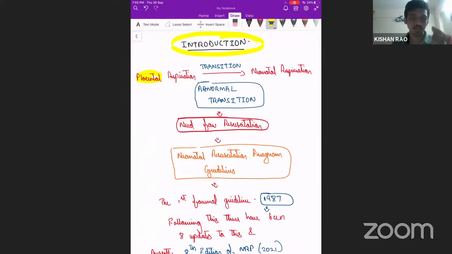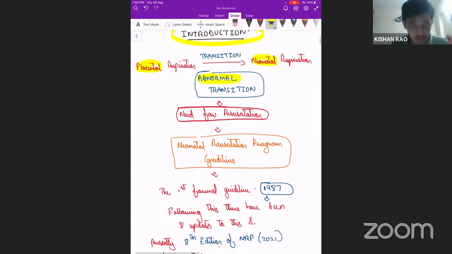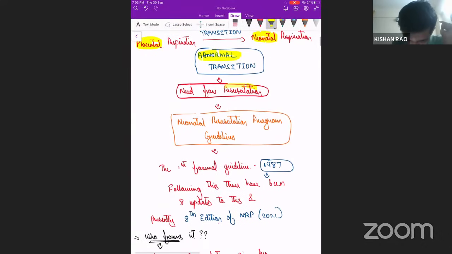But as soon as the baby is born, a rapid transition has to be made from placental respiration to neonatal respiration involving the lungs, correct? Whenever there is some abnormality in this transition, that is where the need for resuscitation comes up.